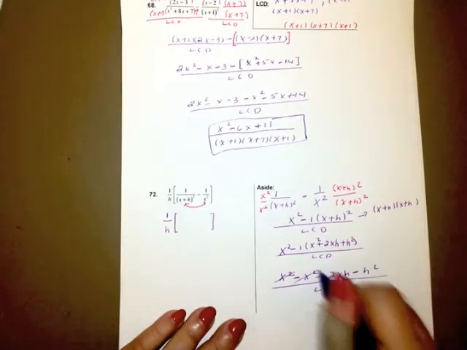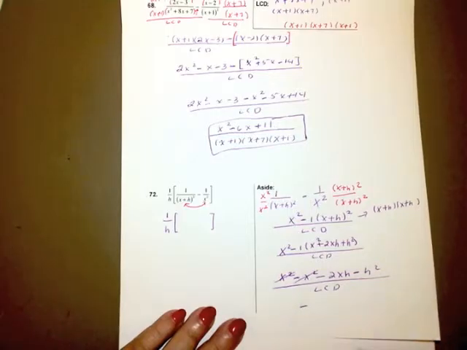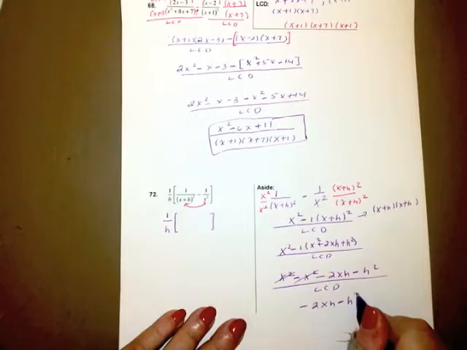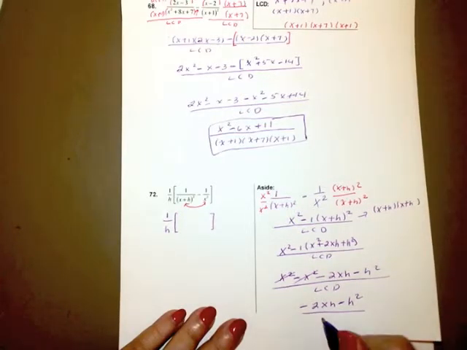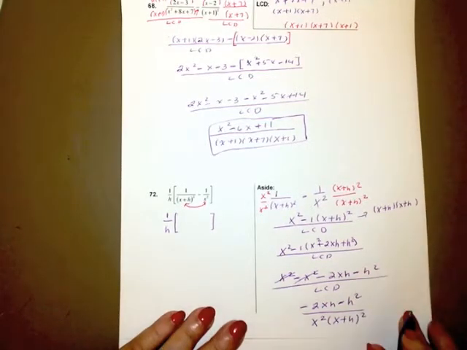The x squareds add to 0. And if I've done this correctly, I should end up with -2xh minus h squared over the LCD, which is x squared times x plus h squared.